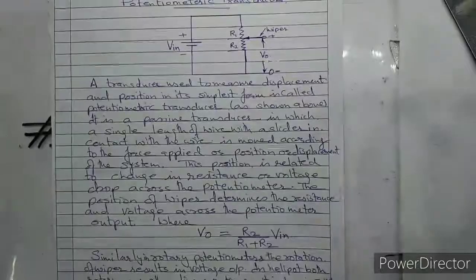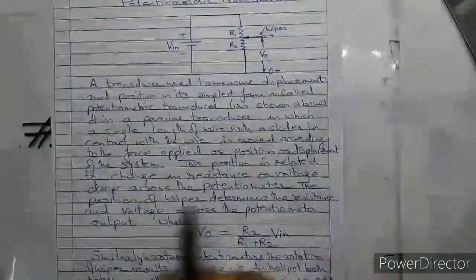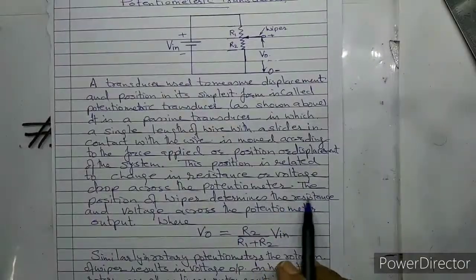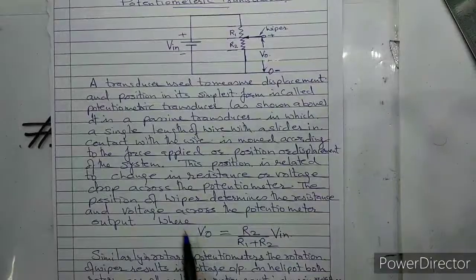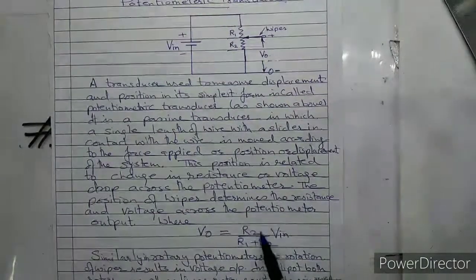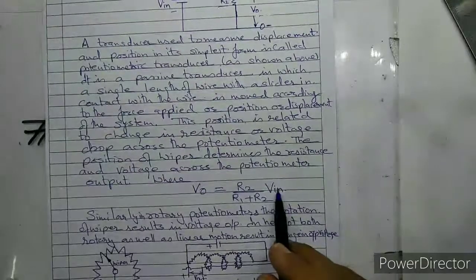The position is related to the voltage drop across the potentiometer. The position of the wiper determines the resistance and voltage across the potentiometer output, where VO is equal to R2 by R1 plus R2 into V in.